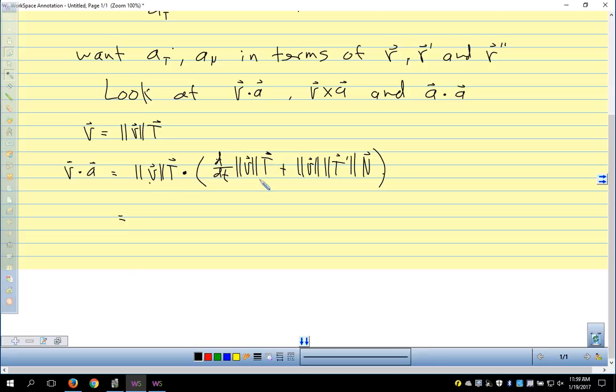So for our first term, we get magnitude of v times the derivative of the magnitude of v, and we get a T dot T here. Plus, for the second term, we're going to get the magnitude of v squared times this magnitude of T prime times T dot N.